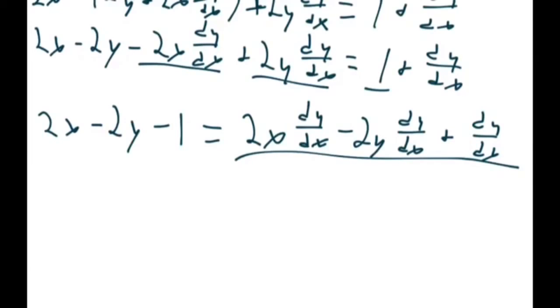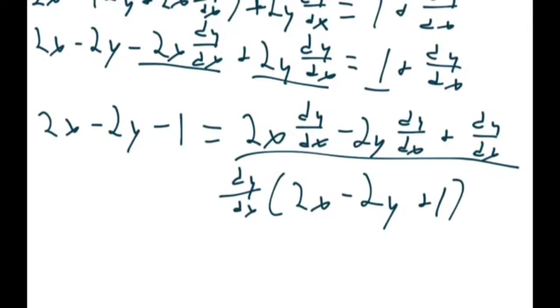So what we're going to do is take that out. So on this side we'd be left with dy over dx, open parentheses, 2x minus 2y plus 1. And on this side we're going to have 2x minus 2y minus 1.